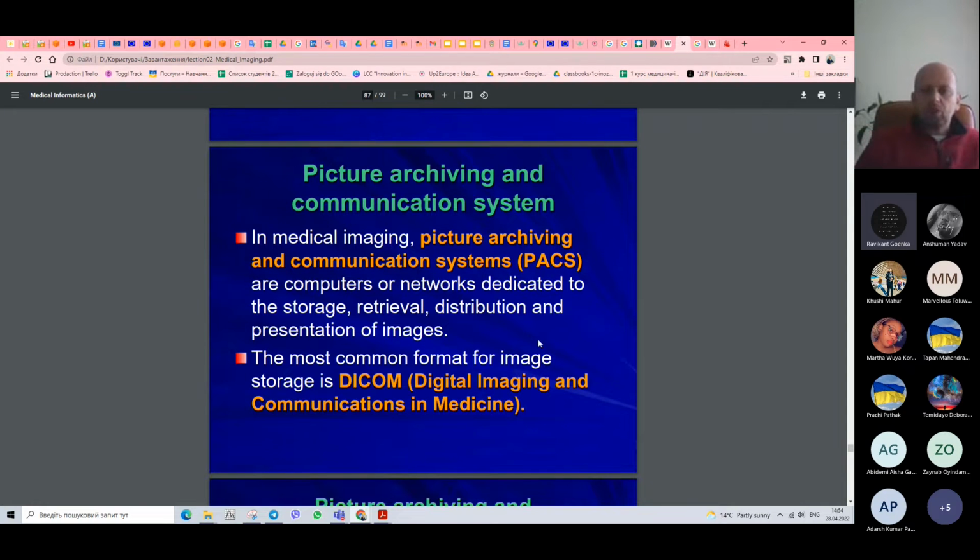PACS is a computer or network dedicated to the storage, retrieval, distribution, and presentation of images. The most common format for image storage is DICOM, digital imaging and communication in medicine.